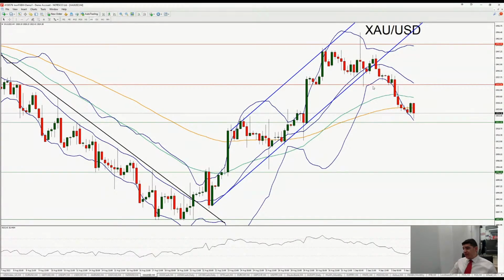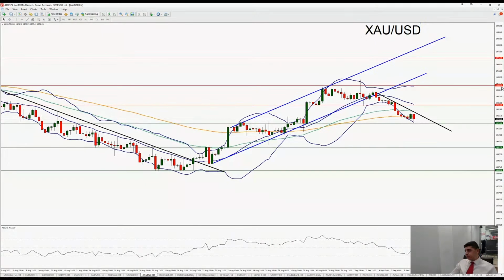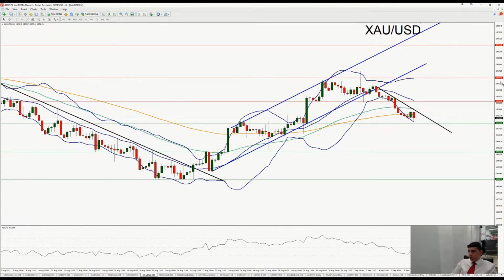Gold is continuing its decline after breaking below our upwards moving channel. We could see the formation of a downwards moving trend line, currently aiming to test support at 1,920. We're keeping our current levels as they are for now.